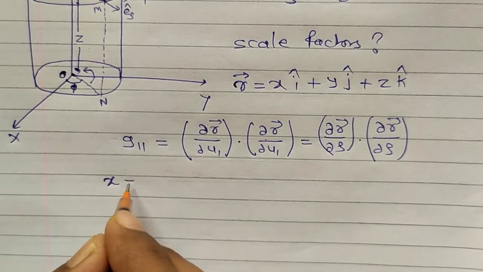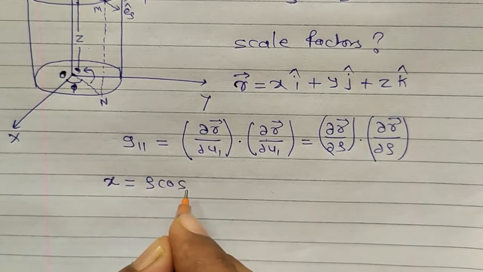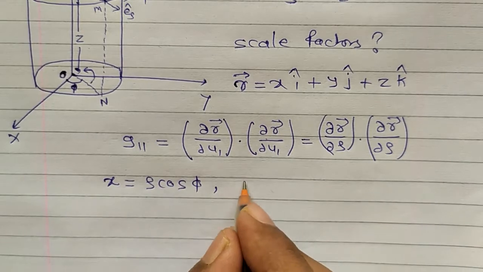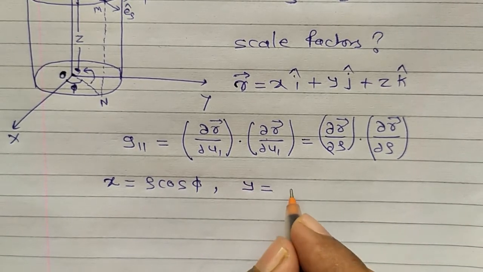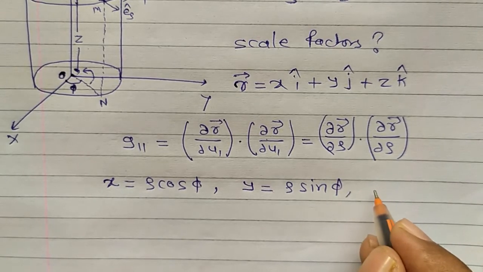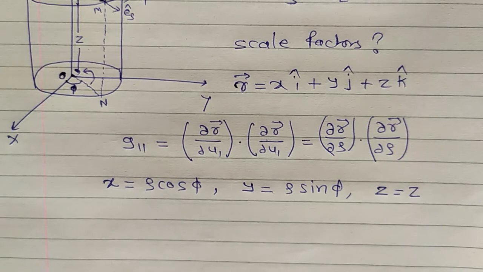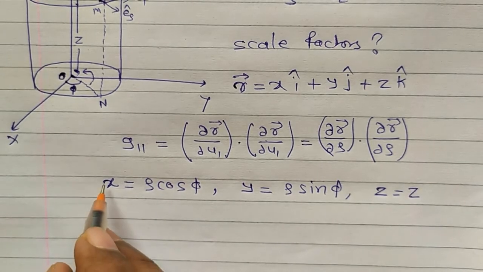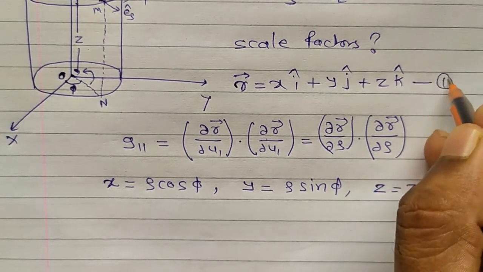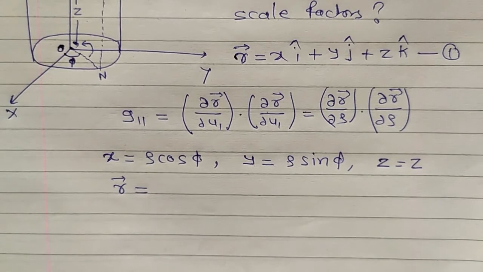So I can write the transformation: x is equal to rho cos phi, then y is equal to rho sin phi, and z is equal to z. So these are the transformation equations. I am going to put these values of x, y, z in this equation. I will call this equation 1. Then I will get the R bar.